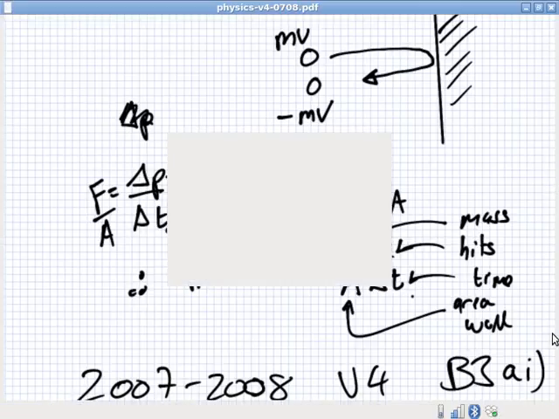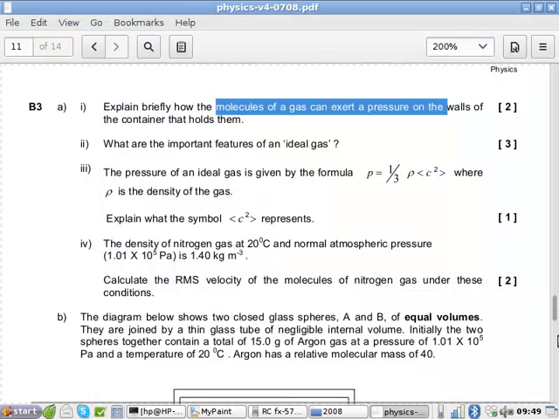Right, let's have a look. I think there's another part to this. Now, do you remember this one? In the proof, I said there's some important features of an ideal gas. Do you remember what they are? Low density was one. Ignoring gravity, or I think they might have said ignoring a force, because not just gravity, but usually gravity. Anything else?